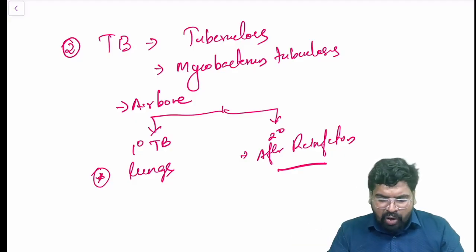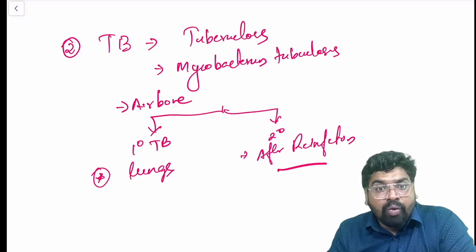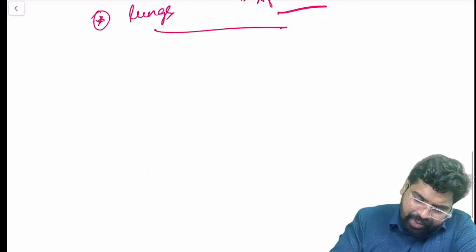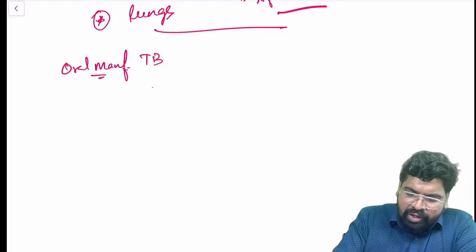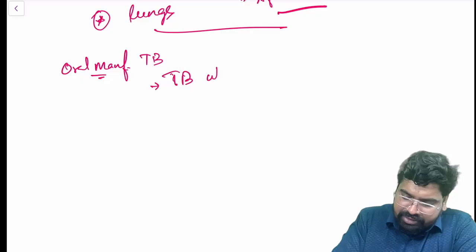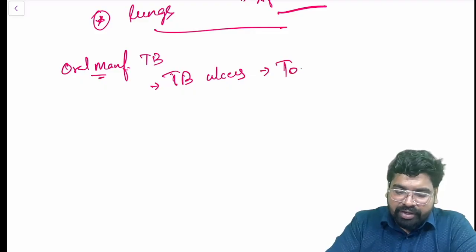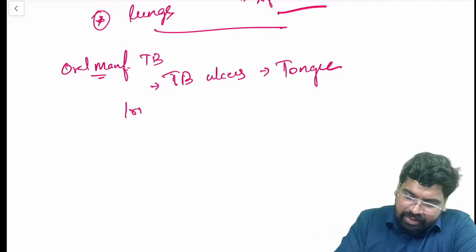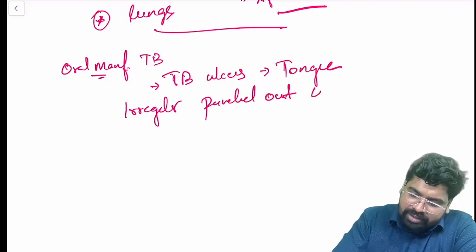What is the oral manifestation of TB? You can see TB ulcers, usually on the tongue. They are irregular, punched out ulcers on the tongue.